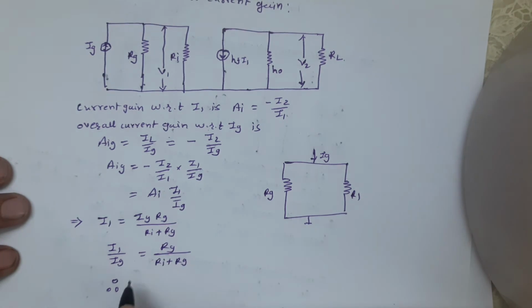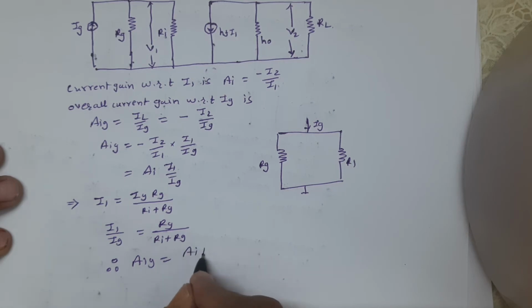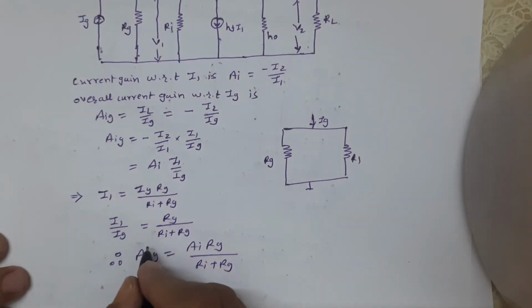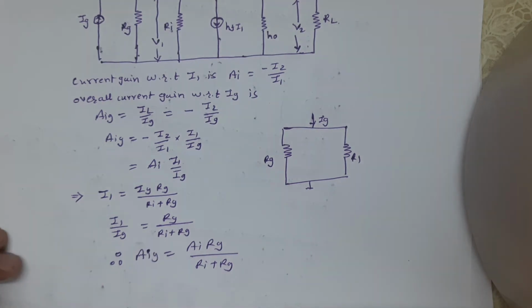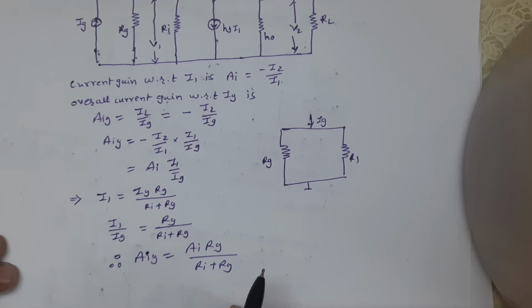Therefore, AIG is equal to AI Rg upon Ri plus Rg. So, we get the overall current gain AIG, not A1G, AIG, is equal to AI Rg upon Ri plus Rg.